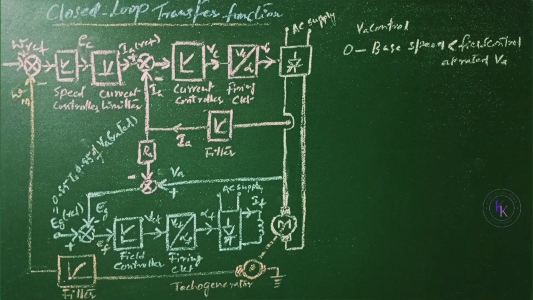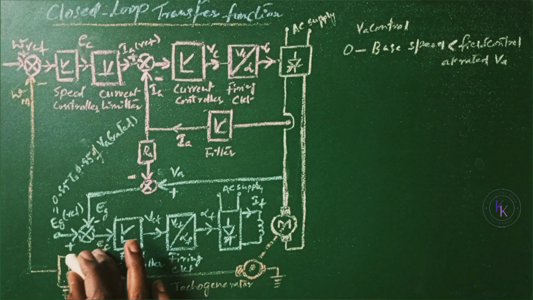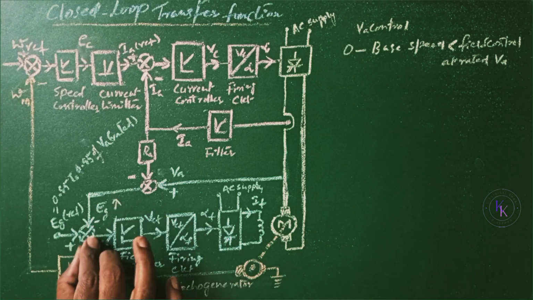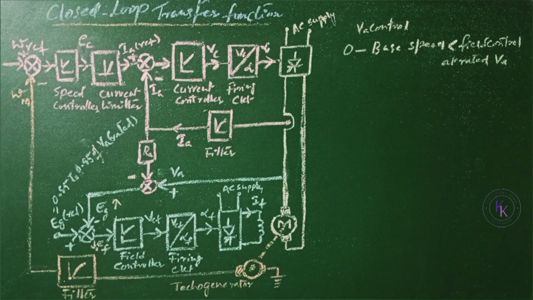For a speed command above the base speed, the speed error causes a higher value of VA and the motor accelerates. The back EMF EG increases and the field error EF decreases. The field current then decreases and the motor speed continues to increase until it reaches the desired speed.